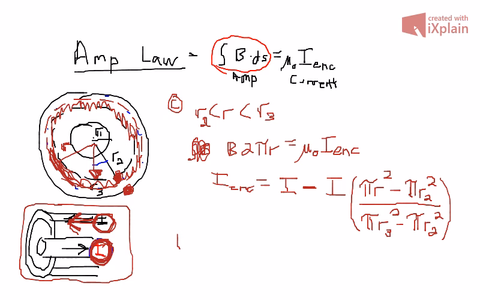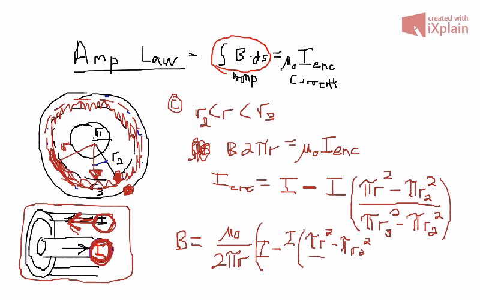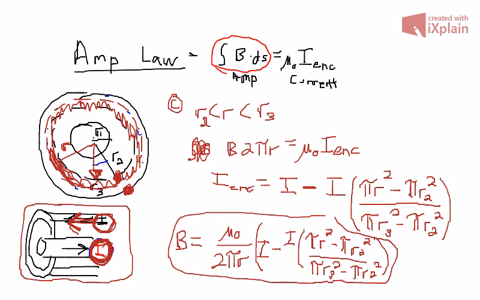And now I can find that my magnetic field is equal to mu naught over 2 pi r times my current that's enclosed, which is going to be I minus I times pi r squared minus pi r2 squared, all divided by pi times r3 squared minus pi times r2 squared. And that will be my final answer for inside of the outer part of the coaxial cable.